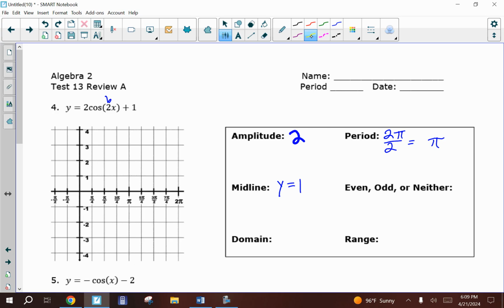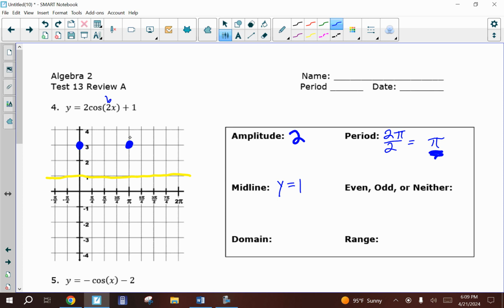So when we graph, we always graph the midline first. So my midline is at 1. And I know this is a cosine graph, so a cosine graph has to start high and end high. So if I'm at the midline, a cosine graph is going to be 2 dots away from the midline, and it's going to end. Now remember that our period is pi, so it should end right about here.